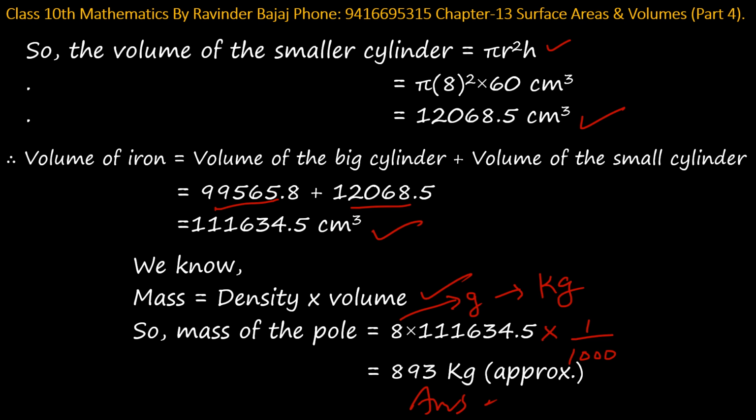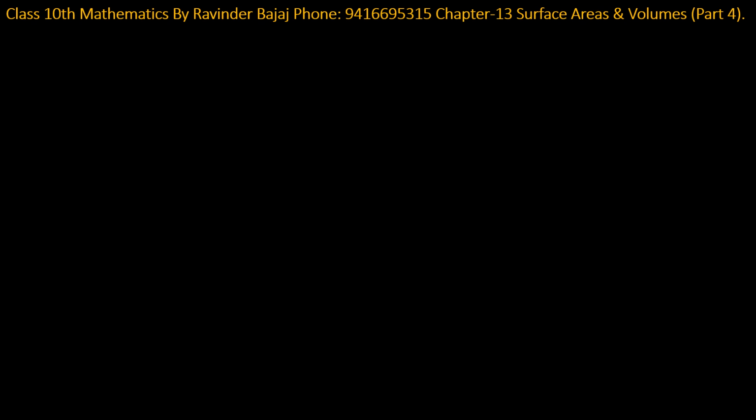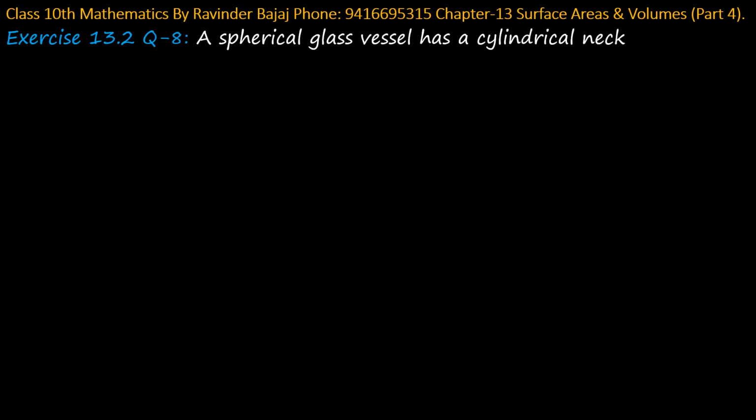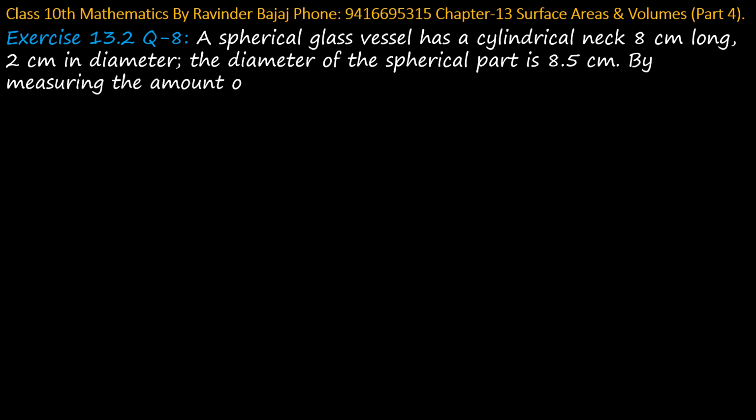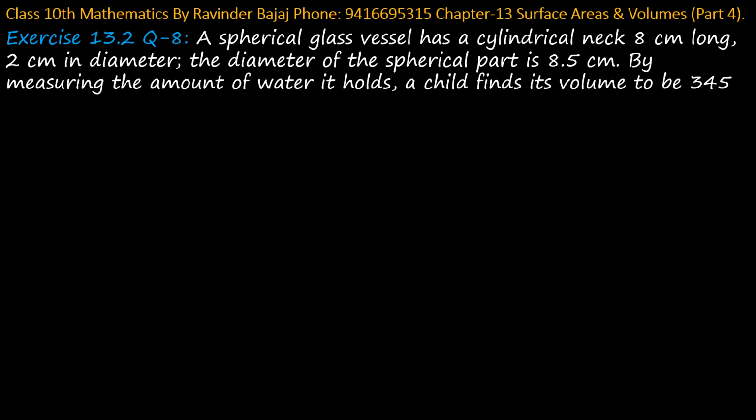Okay, now let's continue. Next question is exercise 13.2, question number 8. A spherical glass vessel has a cylindrical neck, 8 cm long, 2 cm in diameter. The diameter of the spherical part is 8.5 cm.